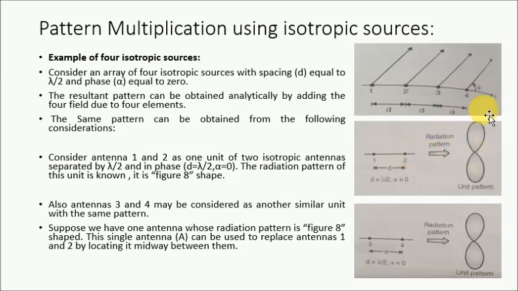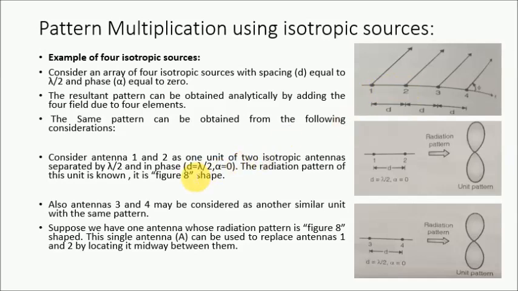So this is the broadside case. So 1 and 2 have a figure 8 shaped pattern, because the distance d between antenna 1 and antenna 2 is lambda by 2.